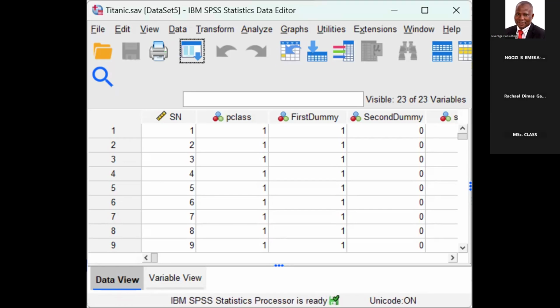Yes. So let's go through this. We have P class. Let's see the first domain, the second domain. Let's see the names of those variables.